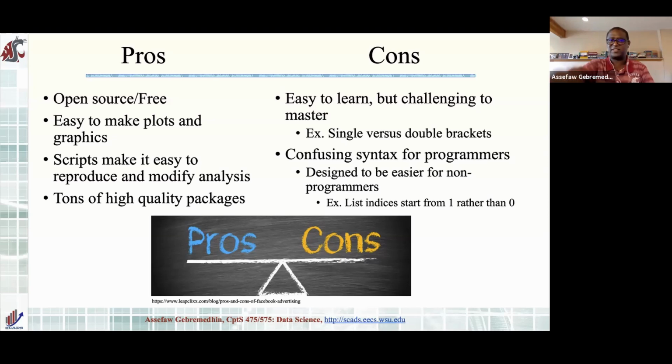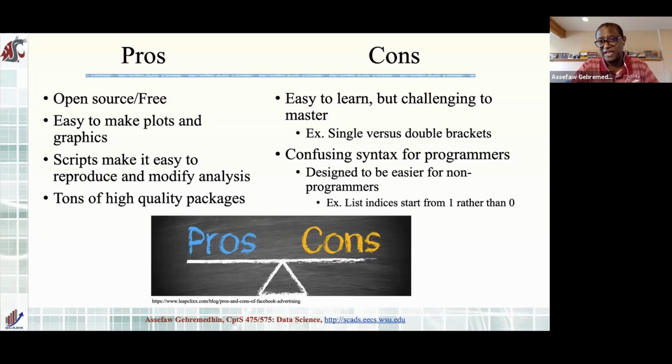Those were the advantages. I'm going to put two cons. One of them has to do with the nature of the language. It is easy to learn, at least the basics of it. We are going to get committed and learn a lot of R this week, and I can guarantee you, you would be able to get things accomplished, as you will demonstrate when you do assignment 2, for example.